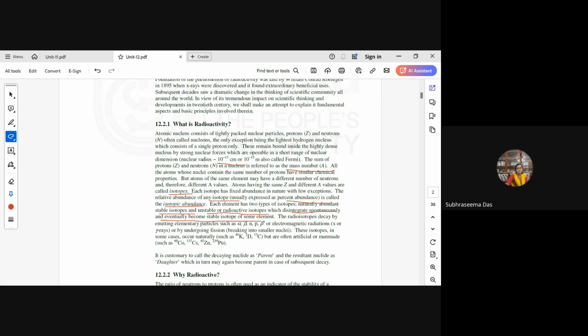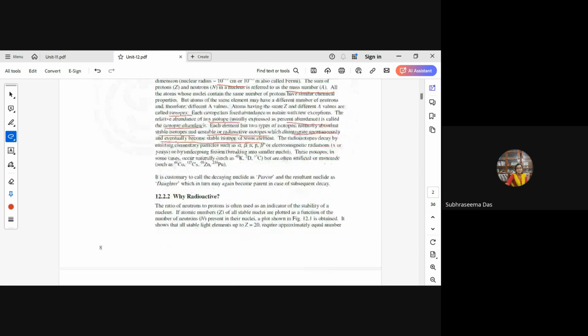These isotopes, in some cases, occur naturally, like 40K, D2, and 13C. However, most of them are made artificially, or are synthetic in nature, such as cobalt 60, cesium 137, zinc 65, and plutonium 239.